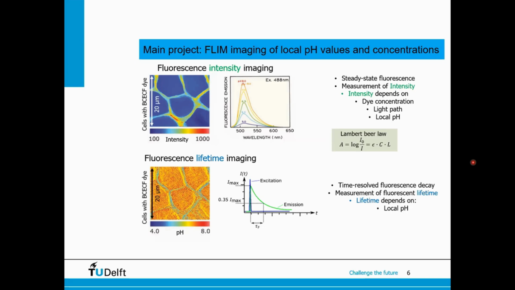If you have a low dye concentration, it just means you need to measure for longer. And this also applies if you have a bad illumination in a certain region. So FLIM enables us to quantify pH gradients.